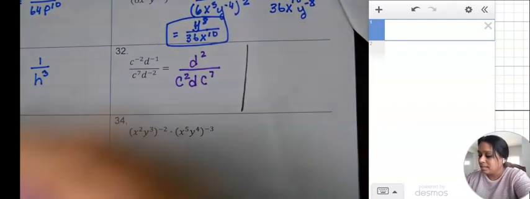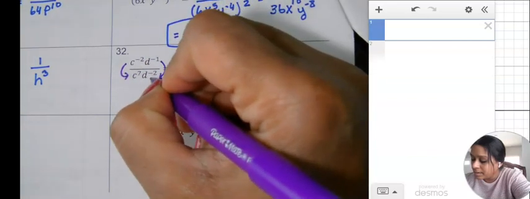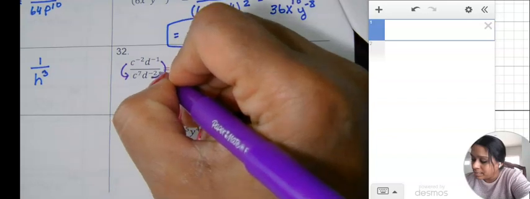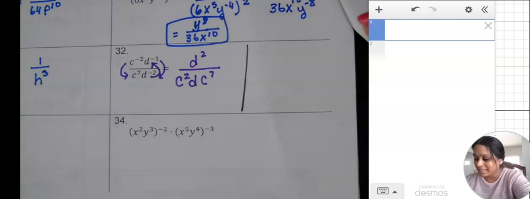So if you see, I switched this down here. I switched this one also to the denominator, and then I moved this one to the numerator. I think the arrows probably made it a little confusing. Sorry about that, but that's what that is.